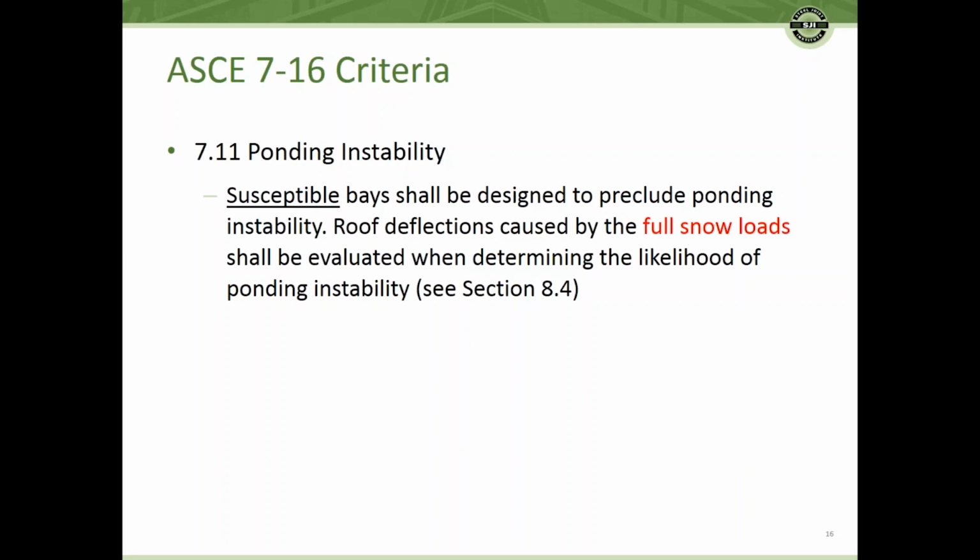It also says roof deflections caused by the full snow loads shall be evaluated when determining the likelihood of ponding instability. Through the years, that has changed. At some points, it was 1/4 of snow, half snow, 3/4 snow, but ASCE 7 specifically says you must check for full snow loads.